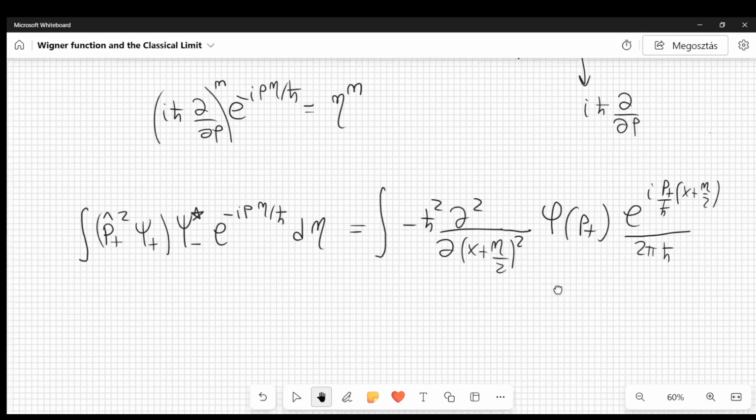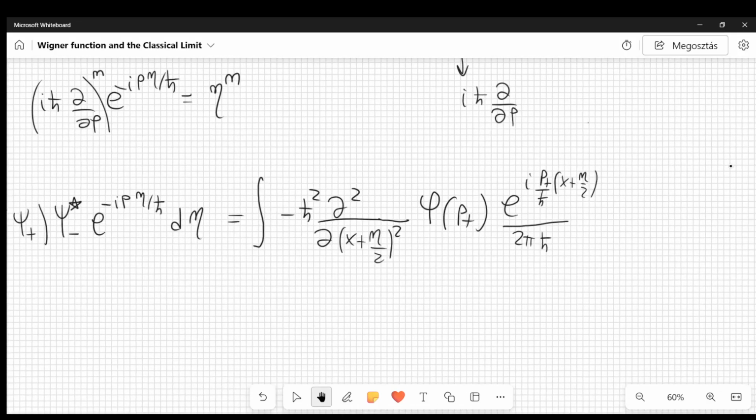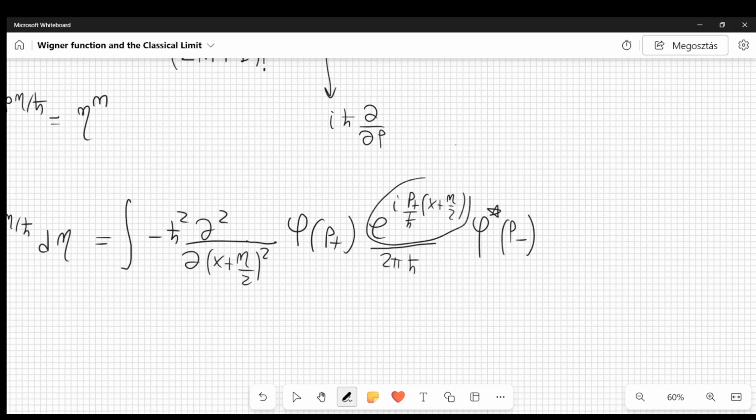And similarly, we also have phi star of p minus. Then we have the complex conjugate of something similar to this, e to the minus i p minus over h bar, x minus eta over 2, divided by 2 pi h bar.